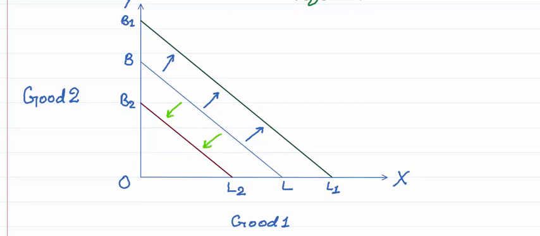Understanding this shift in the budget line: if there is an increase in the income of the consumer, which causes the budget line to shift toward the right hand side, we can see that the consumer can afford more units of goods X1 as well as goods X2.